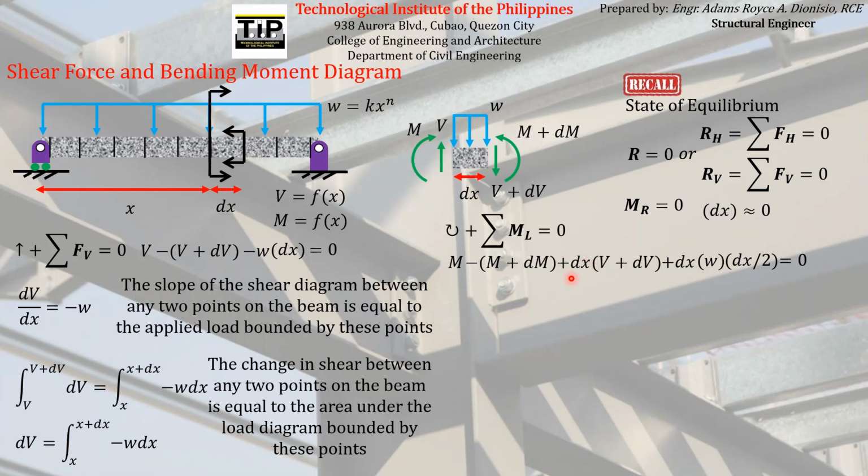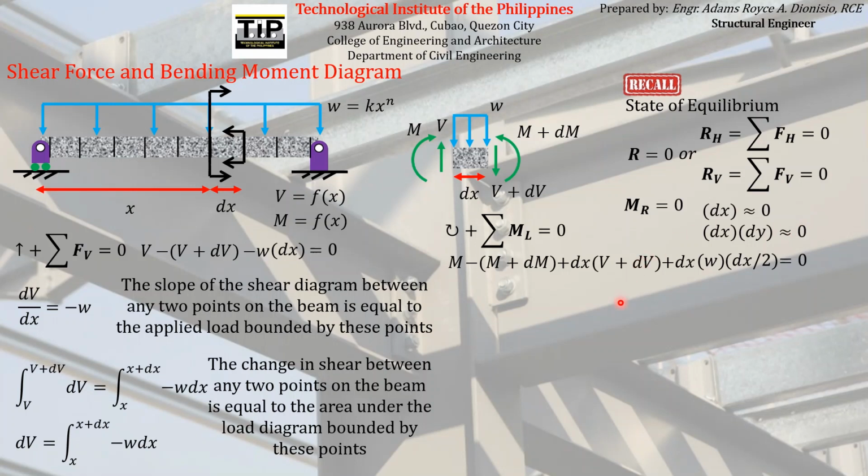So this dx denotes a very small quantity x, and this dv denotes a very small quantity v, which is the shear force. And if we multiply a very small quantity by another very small quantity, if you can notice, their product is actually approaching 0.